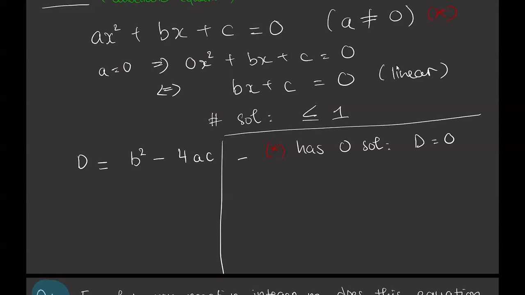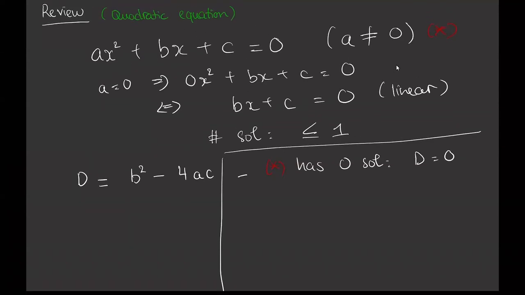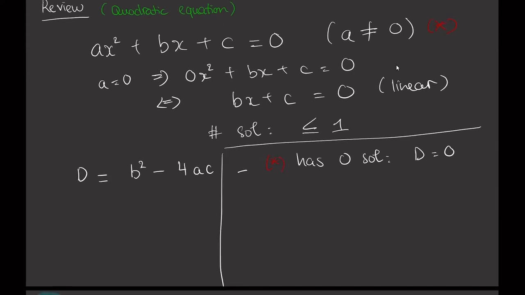So if the question asks you to determine the coefficients a, b, c such that the quadratic equation has 0 solutions, it means you have to find a, b, c such that d is less than 0.